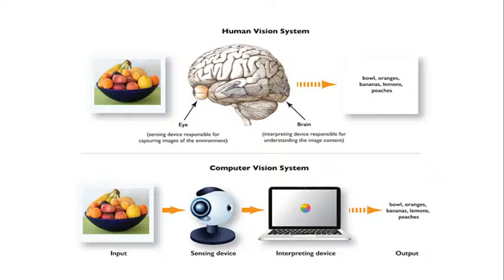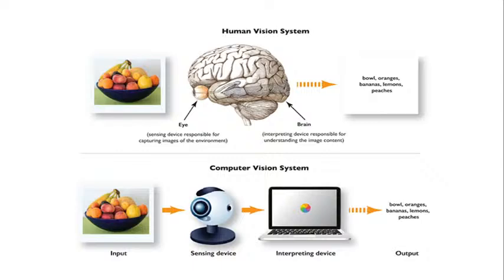Okay, this image represents the comparison between the human vision system and the computer vision system. Firstly, see this image. Here in humans, we have the eye, right? Here the eye is the sensing device.